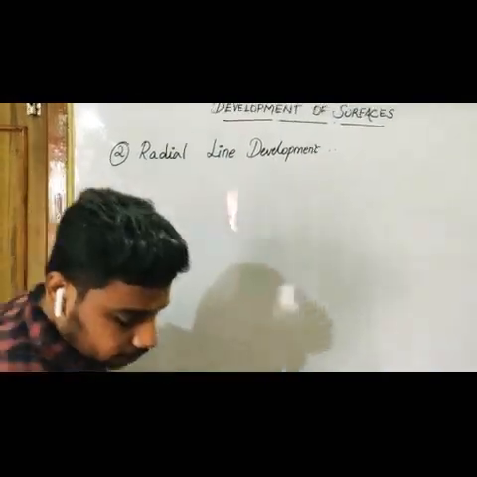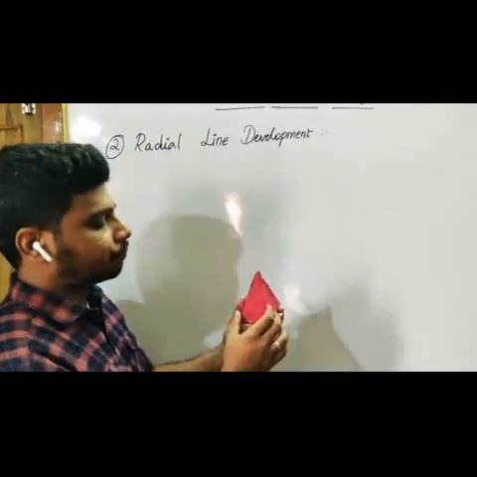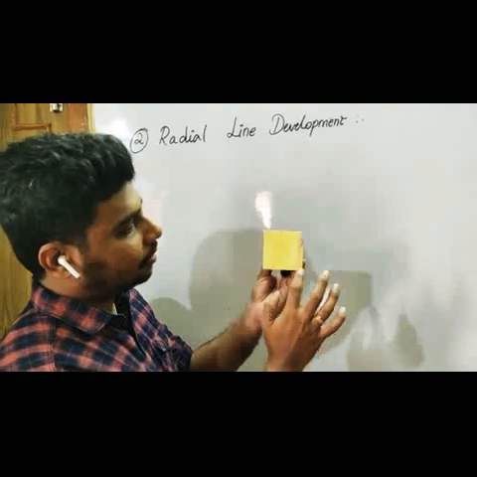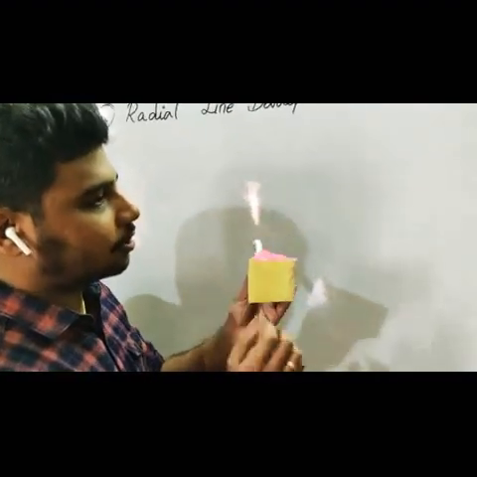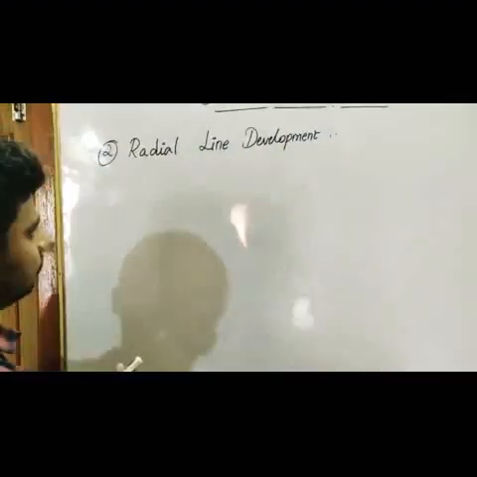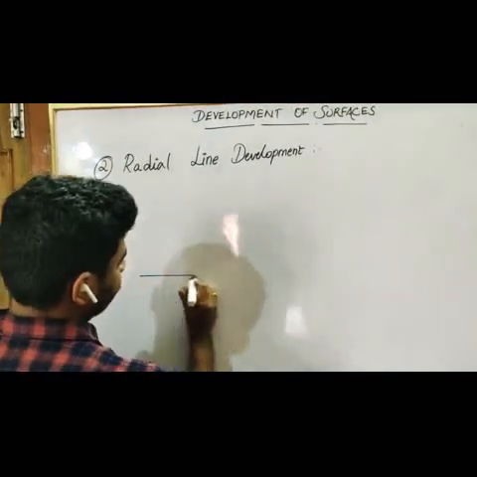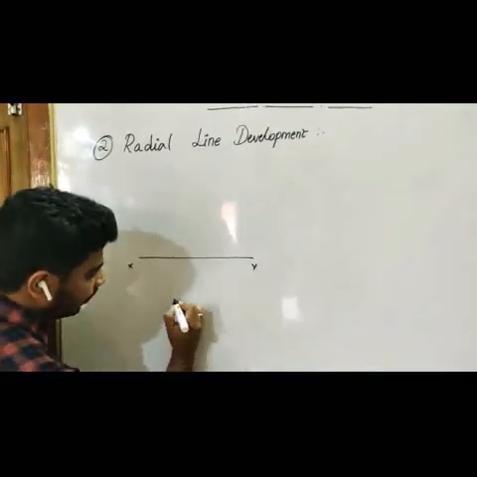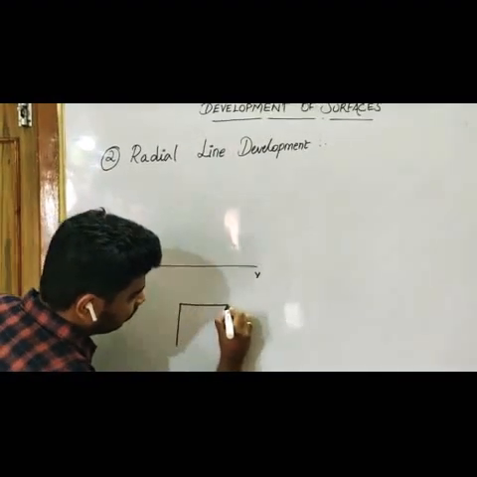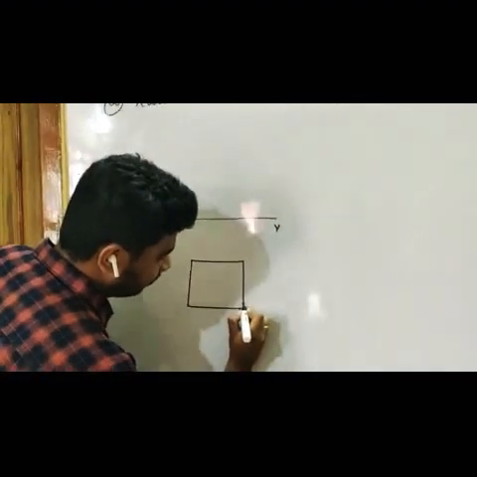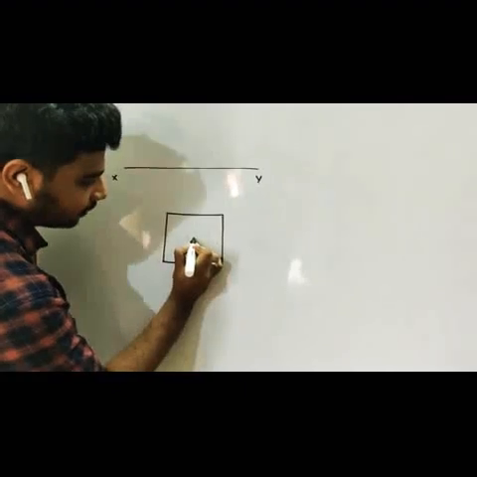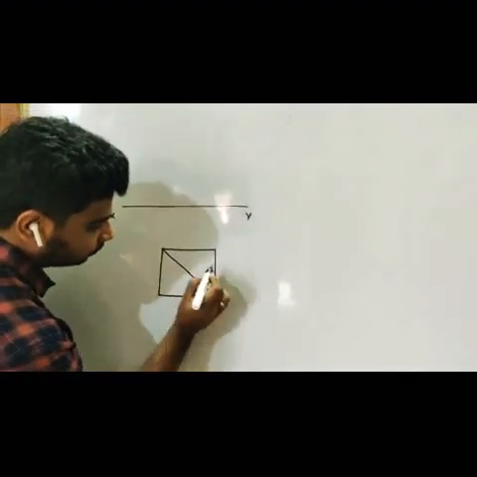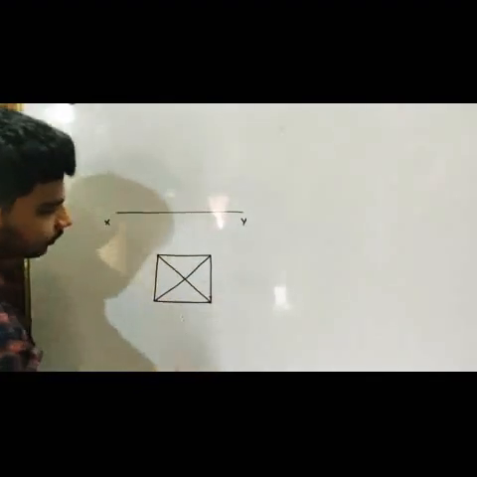I am going to take this as an object, which has the bottom surface as a square. So this is your square pyramid. To draw a square pyramid, I am going to draw my XY line and this is the top view of the square pyramid, right? It has the apex point O here, right?